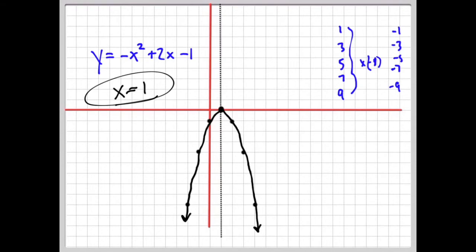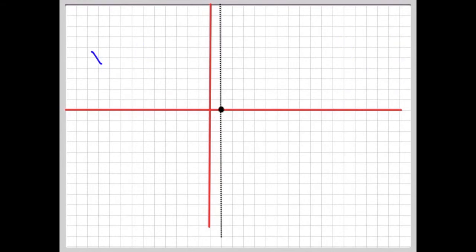Everybody good? Okay. All right, now for a super weird one. So we start with x squared plus 7 equals 4x. What's our first step?